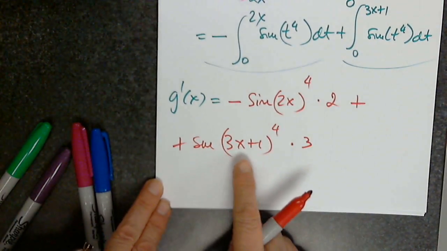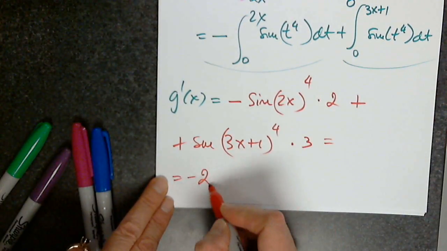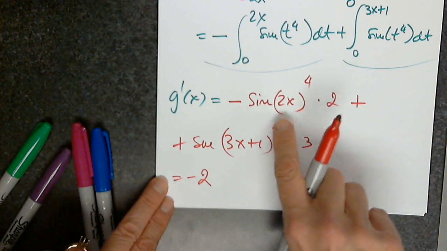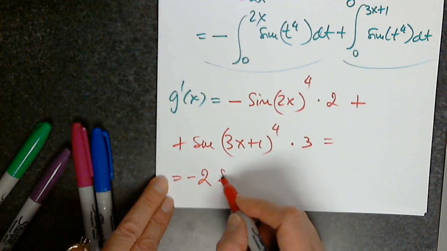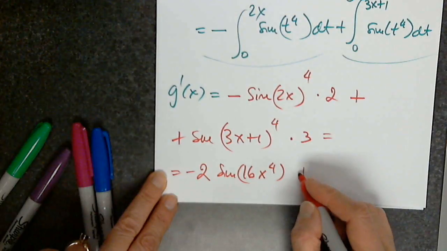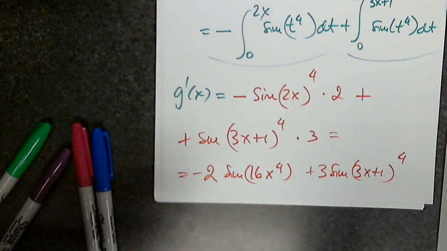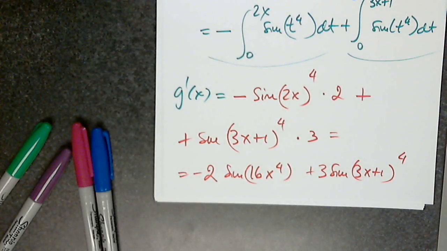So now I cannot do anything to this, but I will simplify it a little bit. I will put -2 in front. And yes, here I have to write 2 to the fourth. So this is sine of 16x to the fourth. And finally, plus 3 sine 3x plus 1 to the fourth power. And this is it.